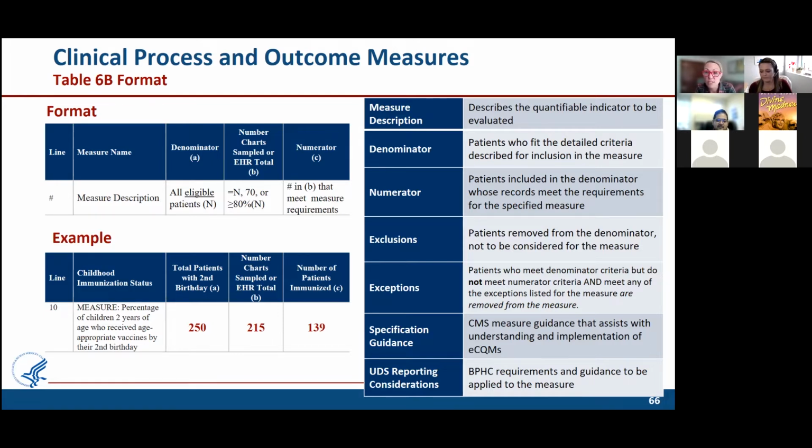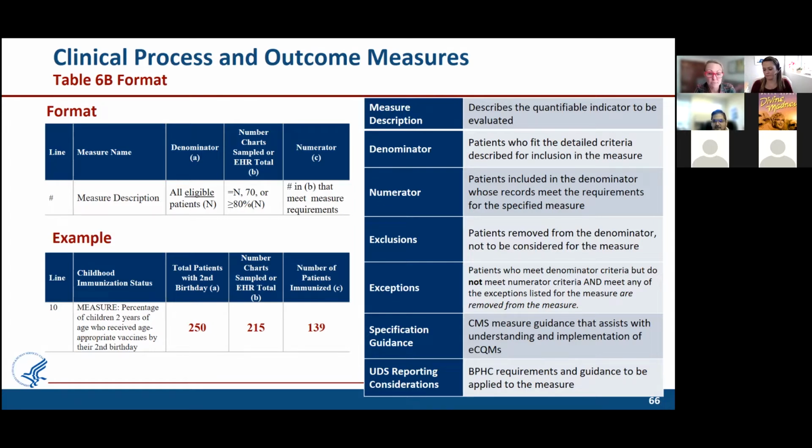Patients who meet exclusion criteria are always to be excluded from the denominator. Patients who meet that exception criteria can be assessed for whether they meet the numerator specifications. And if they do, then they can be included in both the denominator and the numerator.